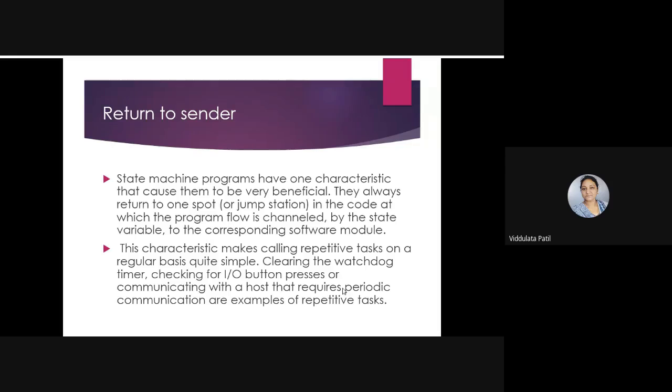That characteristic is that they always return to one spot, or a jump station in the code, at which the program flow is channeled by the state variable to the corresponding software model. ओके. म्हणजे इथे काय होतं की जेव्हा जेव्हा तुम्ही तुमचा कोड रन करताय किंवा काही करताय तर तो एका पर्टिक्युलर पोझिशनला रिटर्न येईल. ओके. जिथे तुम्ही तो त्याला त्या फ्लोला चॅनल केला. ओके. म्हणजे जसं तुम्हाला फ्लो व्हायला पाहिजे त्याचप्रमाणे तो रिटर्न येईल. ओके. सो दिस इज द व्हेरी इम्पॉर्टंट कॅरेक्टरिस्टिक ऑफ द state machine.